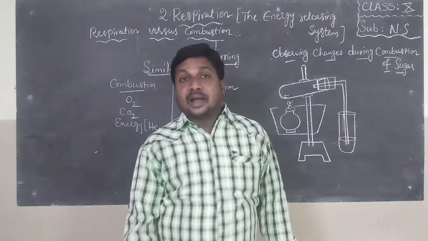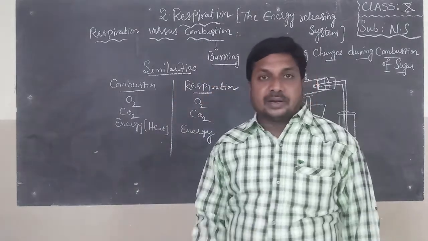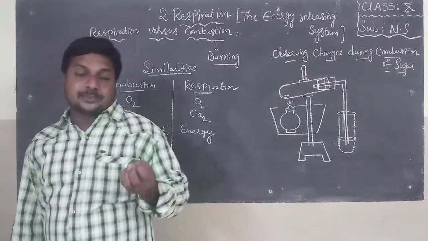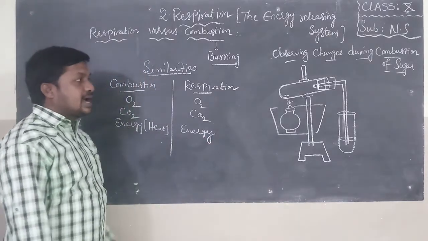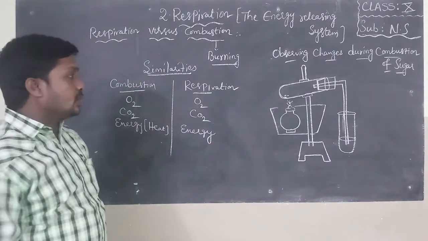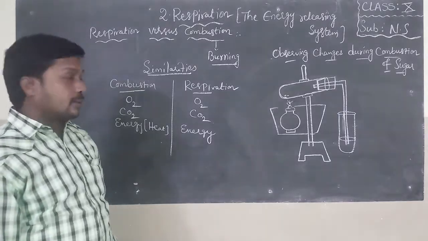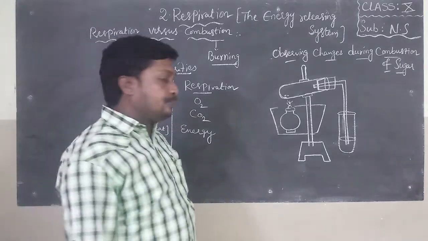Combustion means burning of organic matter, whether obtained from plants or animals. Take some sugar in a spoon and heat it over a flame. First the sugar chars, which means it turns black. Then it catches fire and produces CO2 and water.